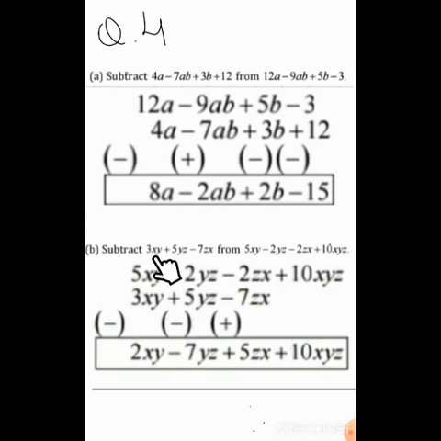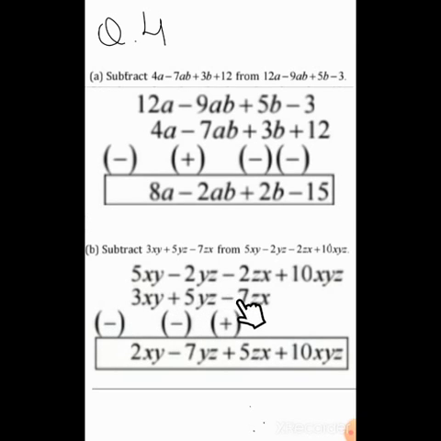Second one: subtract 3xy plus 5yz minus 7zx from 5xy minus 2yz minus 2zx plus 10xy. 3xy we put in the xy column. 5yz we put in the yz column. 7zx we put in the zx column. The sign will be changed. Whatever plus sign there is, we put a minus sign.